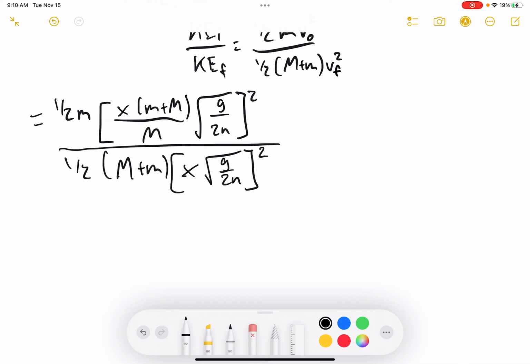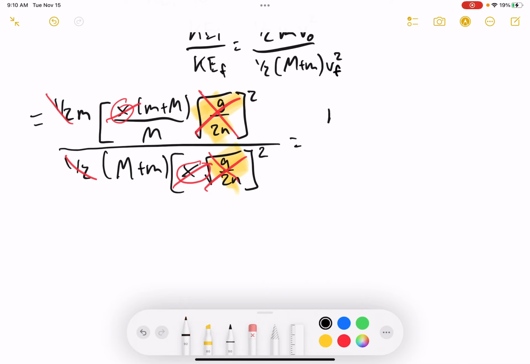Now you notice that these parts here, we have the exact same thing on the top and the bottom, and they're both squared, so I can go ahead and cancel those out. You'll notice that this x here is also squared on both sides, so I can cancel that out. You'll also notice that I have a 1/2 on the top and the bottom, so that goes away. Let's go ahead and write what we know so far.